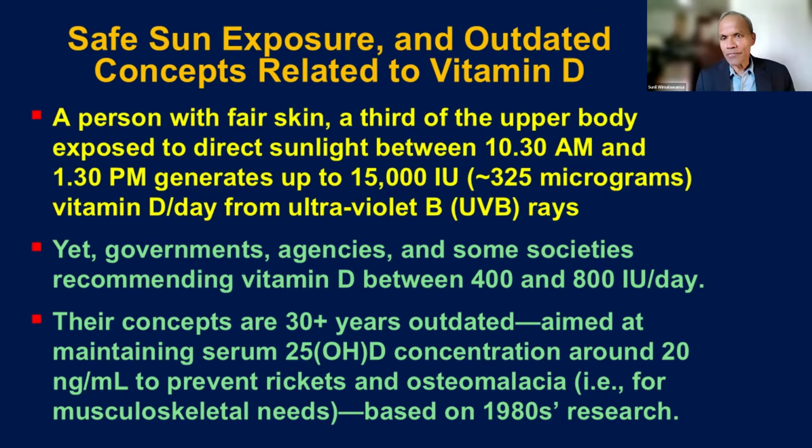But as I said, this is a fraction of the vitamin D necessary to raise the level to 40 to 50 nanograms per mL in the blood, almost tenfold less than what is needed to keep healthy. These concepts are basically 30 years outdated and were reaffirmed by the so-called Institute of Medicine report. They went back and made exactly the same mistake by sticking to the rickets model, and they also had a significant statistical calculation error which made their recommendation even worse.